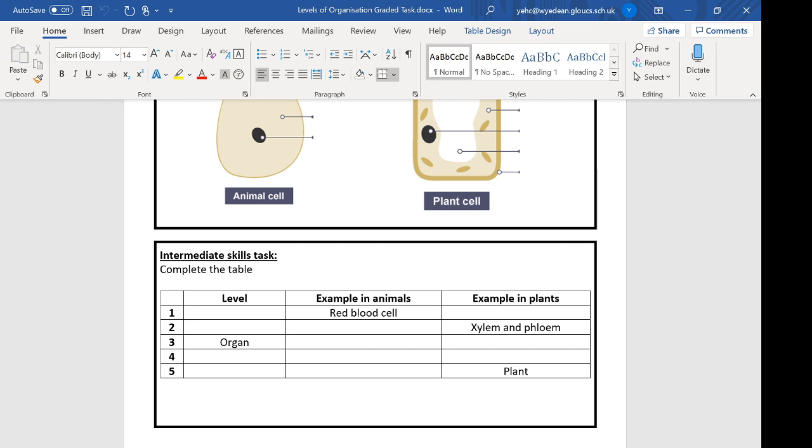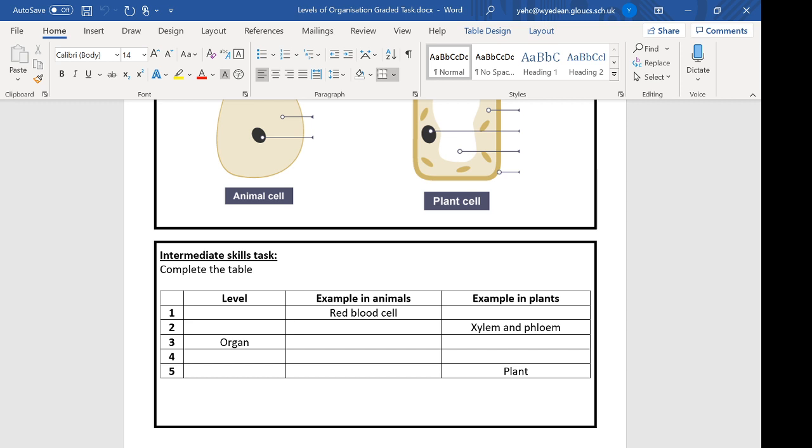But just to practice that memory, try to fill this in as best as you can without your notes to start off with, and then have a think about using your notes if you do get stuck. So I have level here, which is just the general name of that level of organization, and then examples in animals and examples in plants.